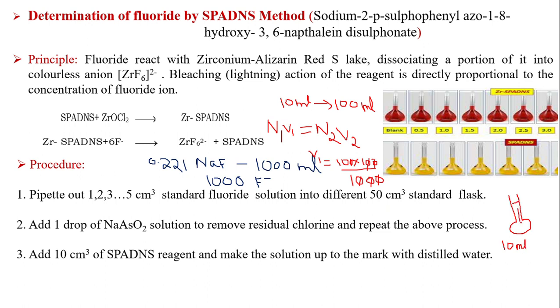When you do like this, it will give you a 100 ppm solution. This is called the preparation of the working standard.